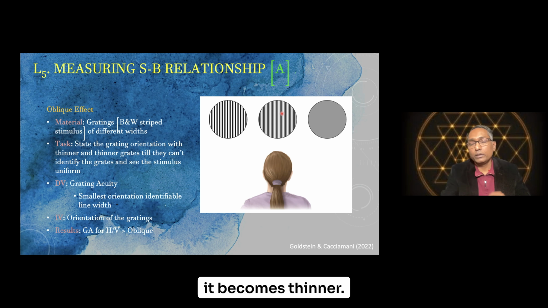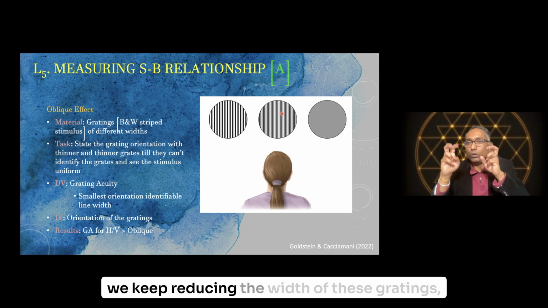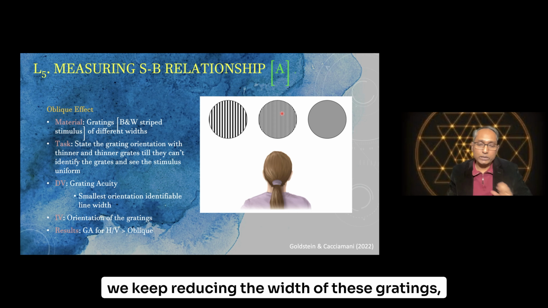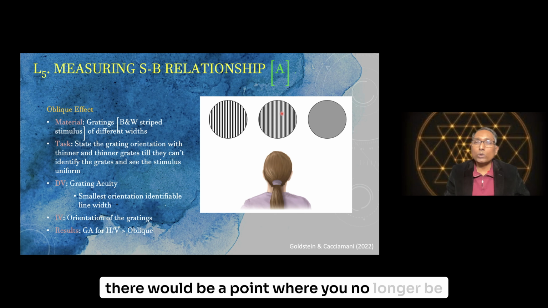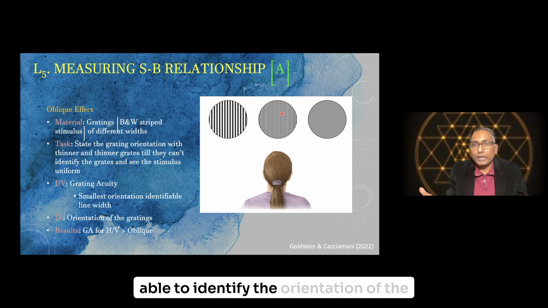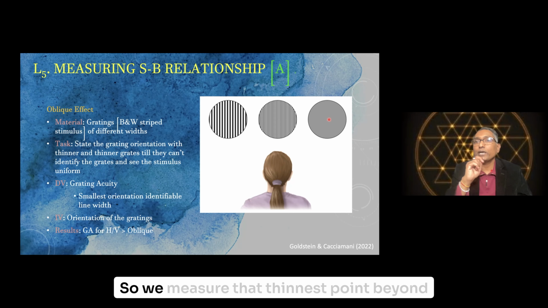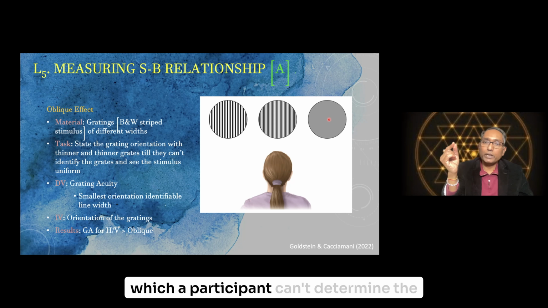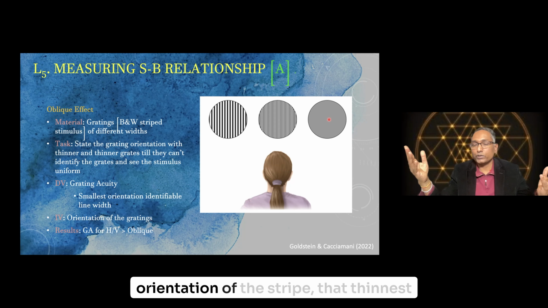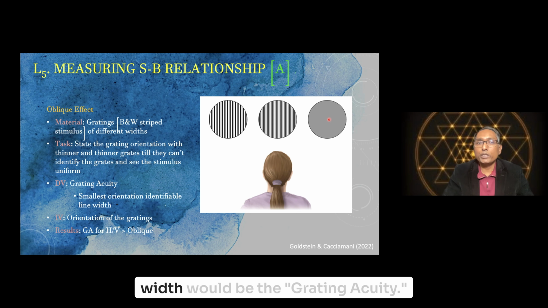Then it becomes thinner. If we keep reducing the width of these gratings, there would be a point where you're no longer able to identify the orientation of the grating because it looks something like this. So we measure the thinnest point beyond which a participant can determine the orientation of the stripe. That thinnest width would be the grating acuity.